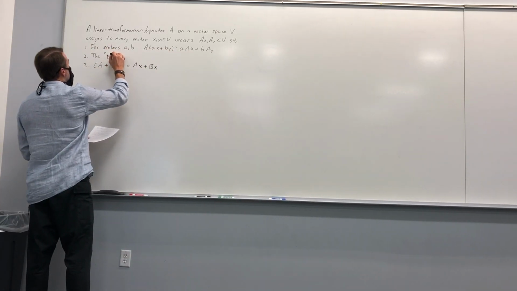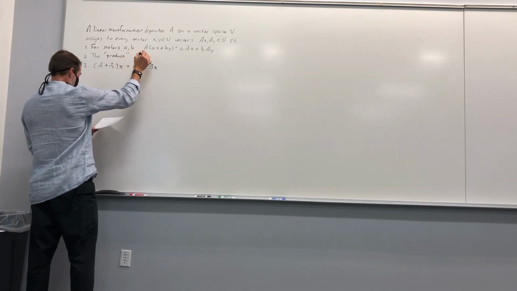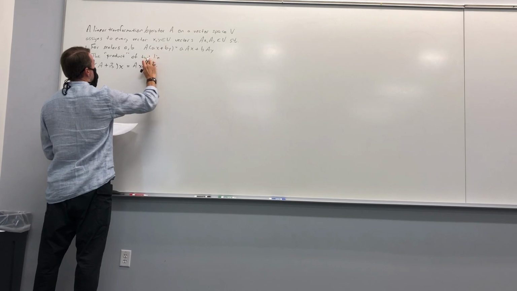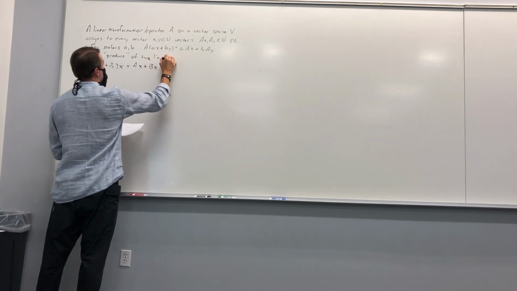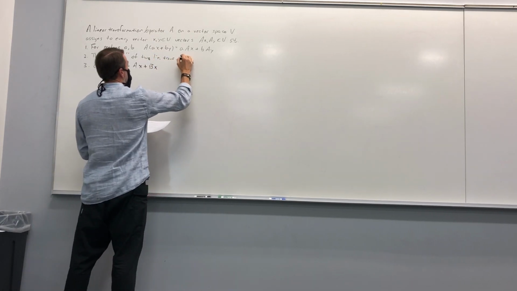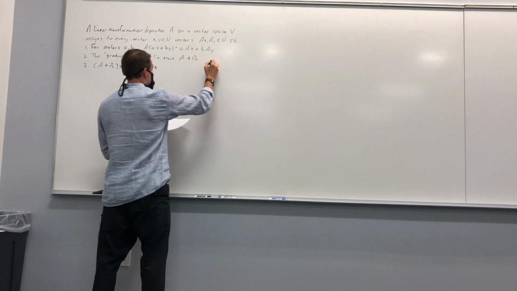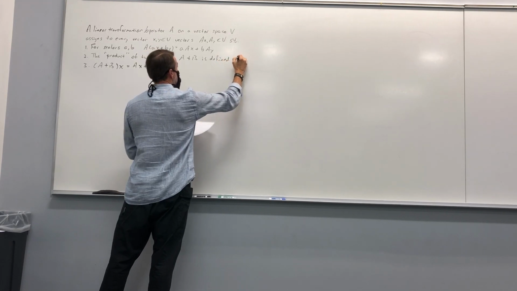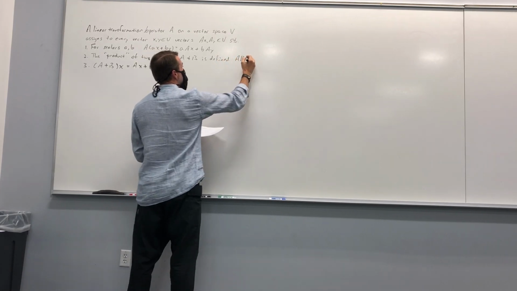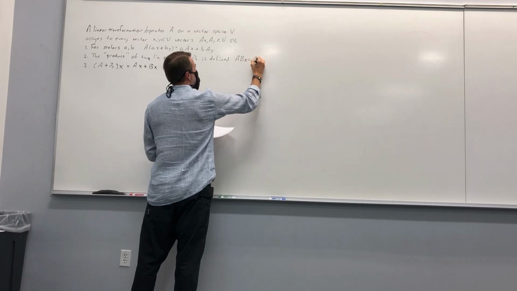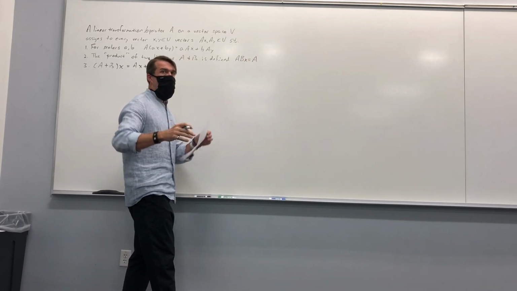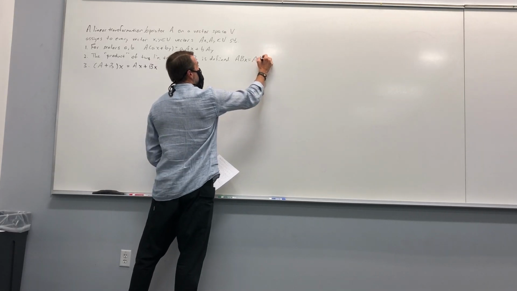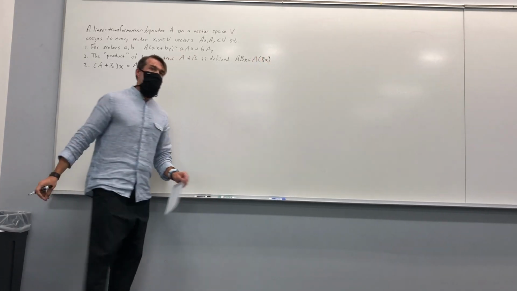The product of two linear transformations A and B is defined by AB acting on a vector x being A transforming the vector you get by acting on x with B.